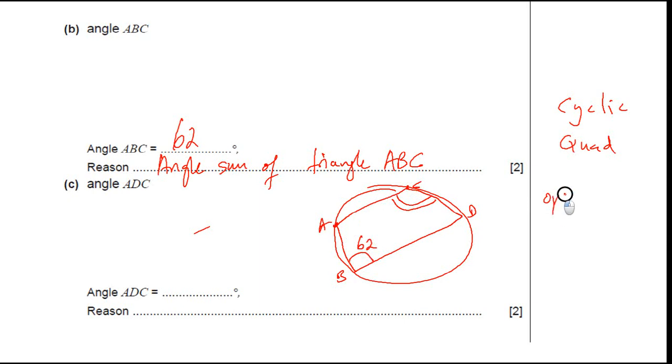Because opposite angles in a cyclic quadrilateral add up to 180 degrees. Add up to, that's add up to. Rather ugly handwriting. So what is that angle going to equal to?